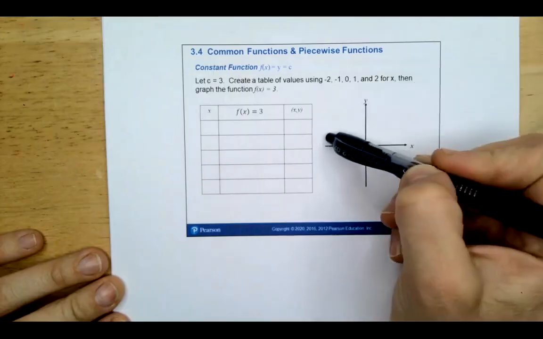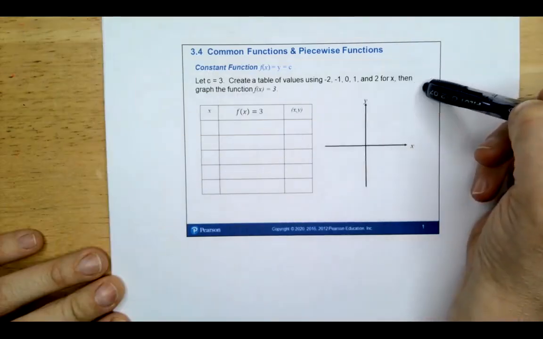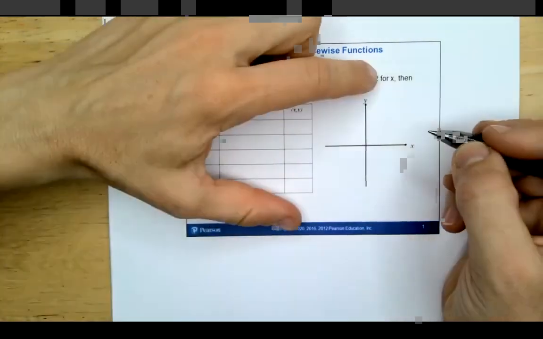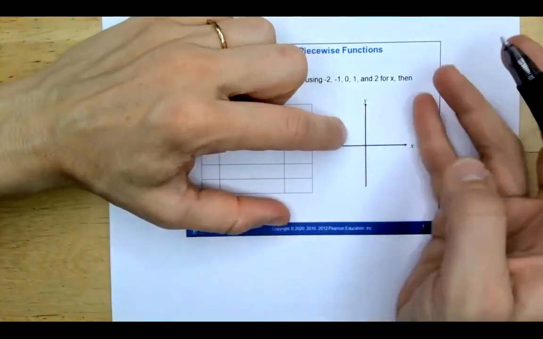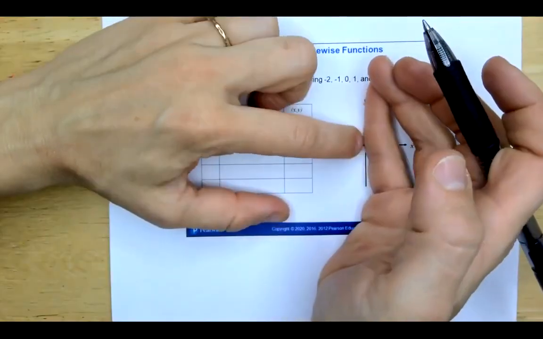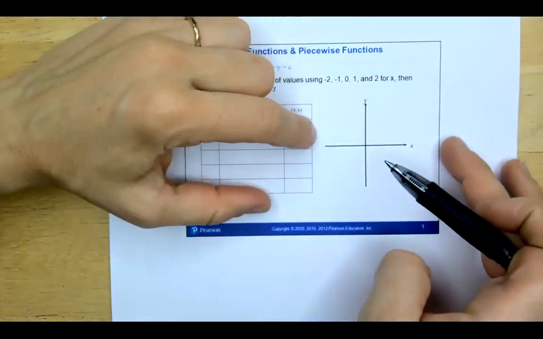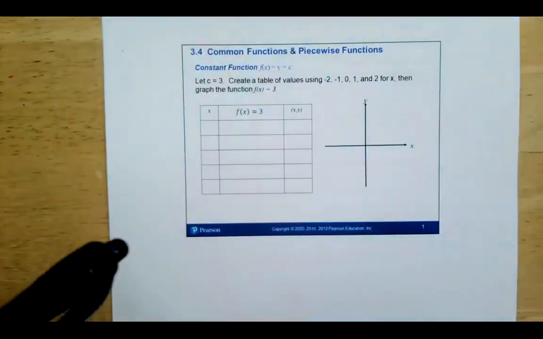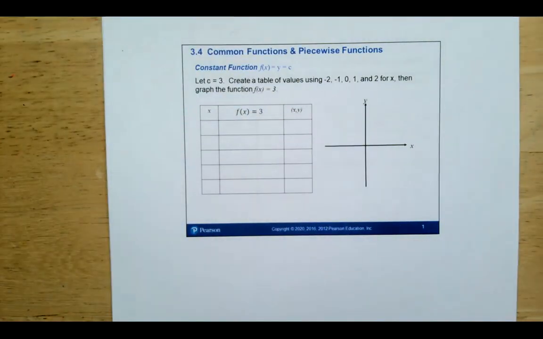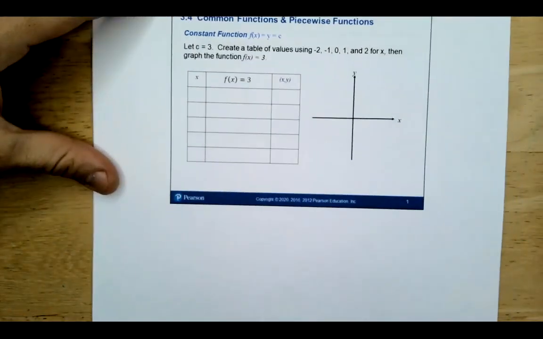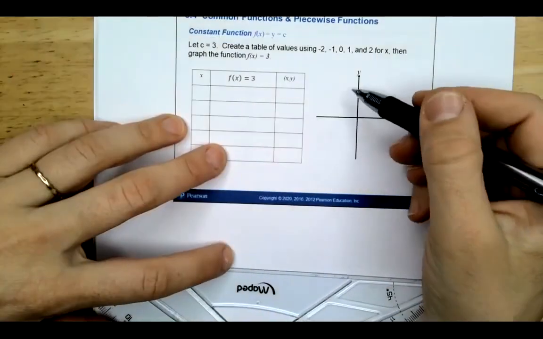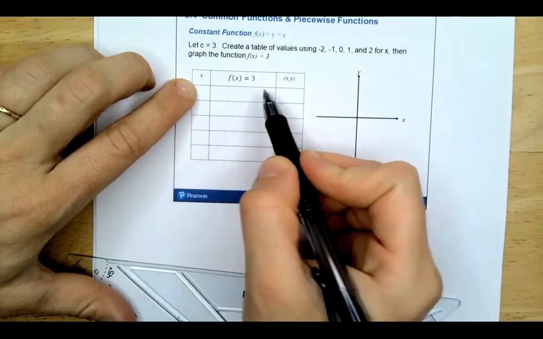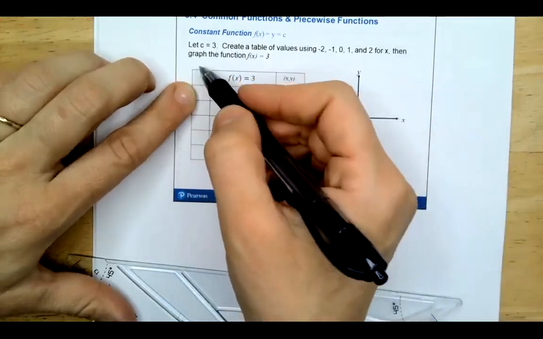So a piecewise function is going to look different. It's going to be two different functions depending on where it is on the x-axis, which is confusing, but you'll see a visual of it and that will make sense. All right, to start with, we're basically creating a table of values of x, finding y or finding f of x, and then plotting those points so that we can graph.